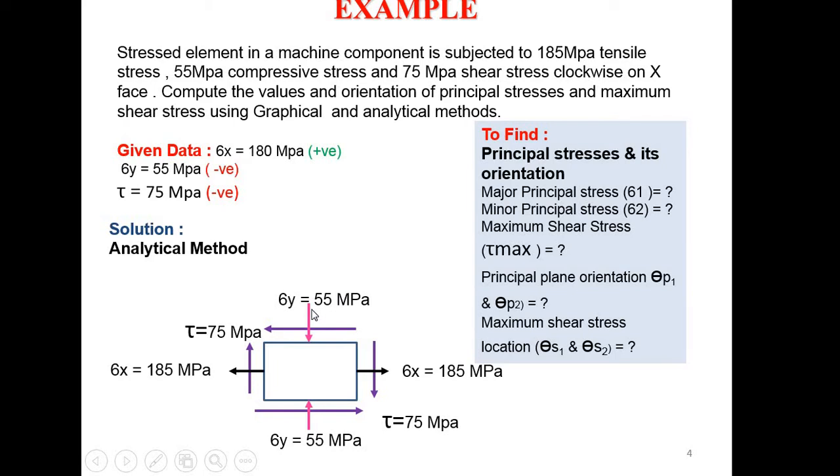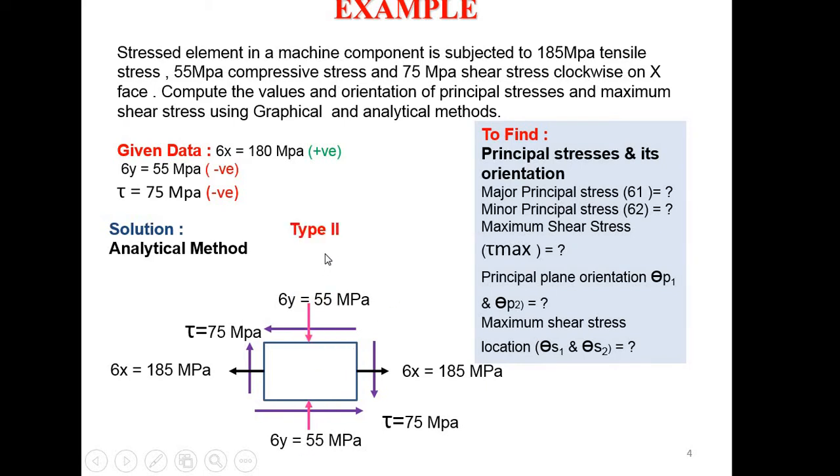Due to compressive nature, we have shown it in the downward direction, and 75 MPa shear stress on the x face. This is the x face, or we can say the vertical plane is the x face. It is acting in a clockwise direction. According to the sign convention, clockwise direction we treat tau negative, but on the horizontal face it is in an anti-clockwise direction, and that is positive.